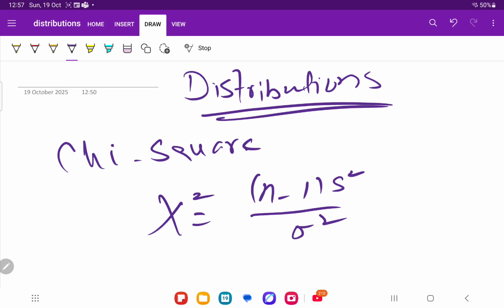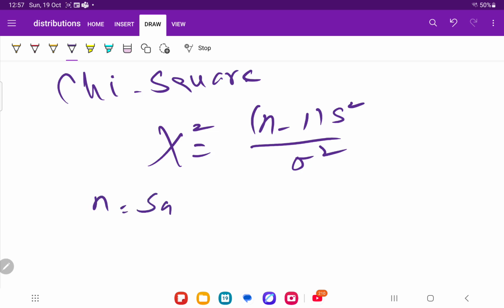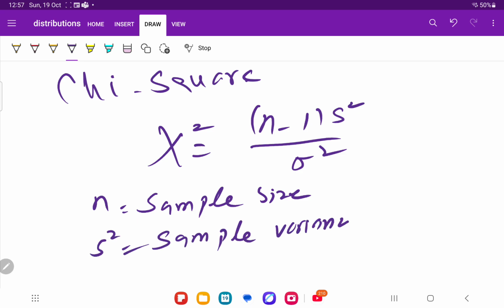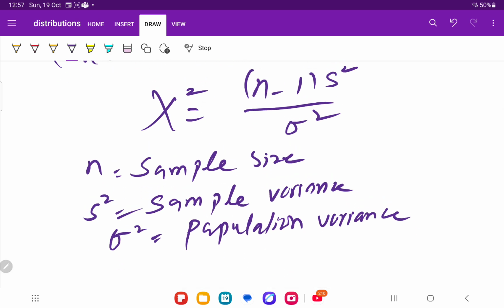Okay, so this is the formula for the chi-square distribution, where n is the sample size, s square is the sample variance, and sigma square is the population variance.